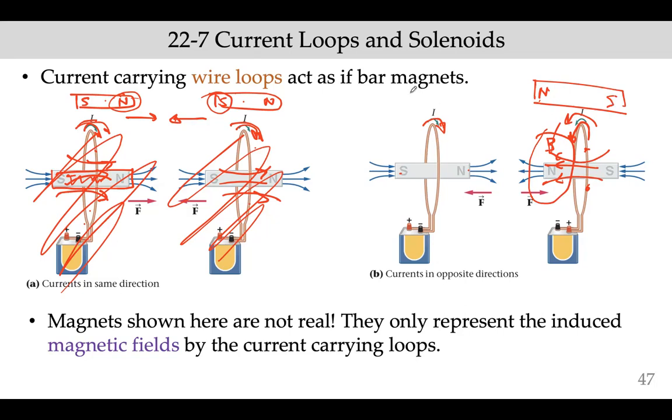Now, the situation here is different. We have north, south, south, north, north, south. So like poles that are close to each other, what will happen? They will repel each other. So when the currents are in opposite directions, you get repulsion.